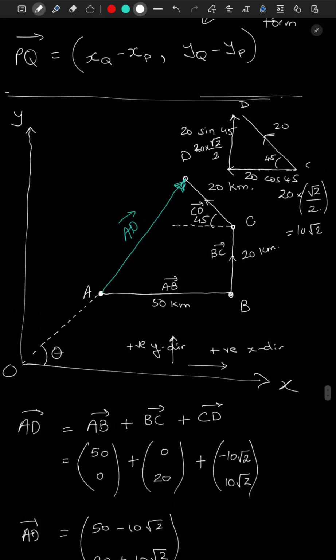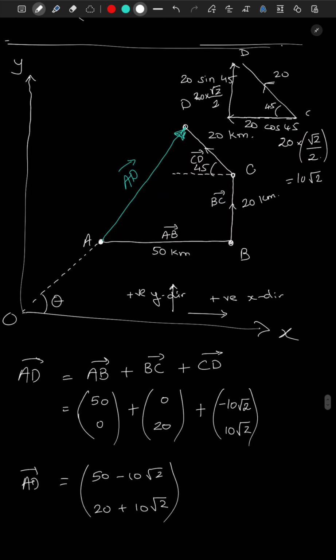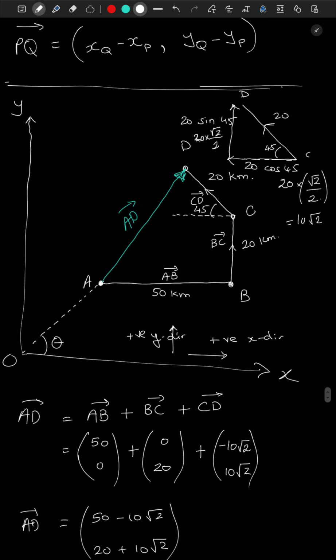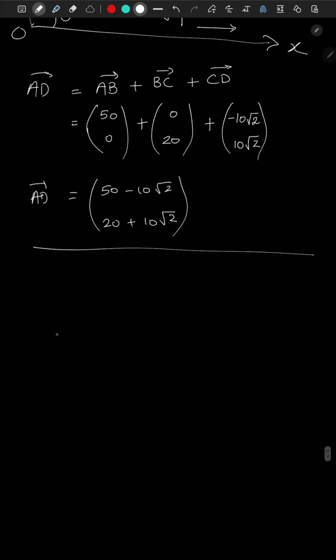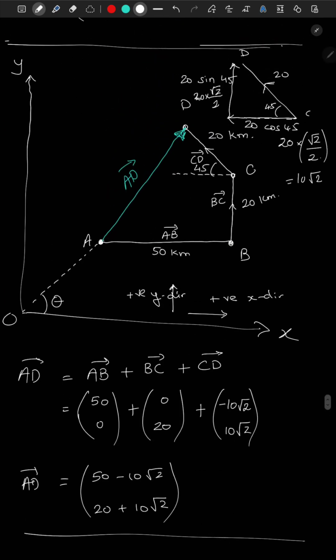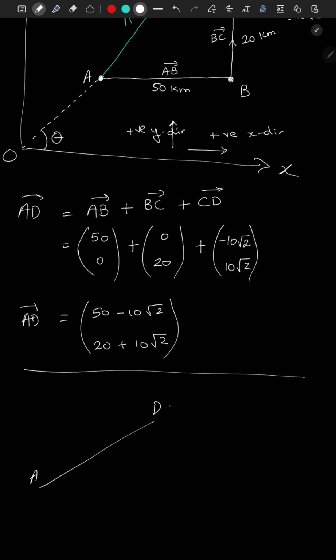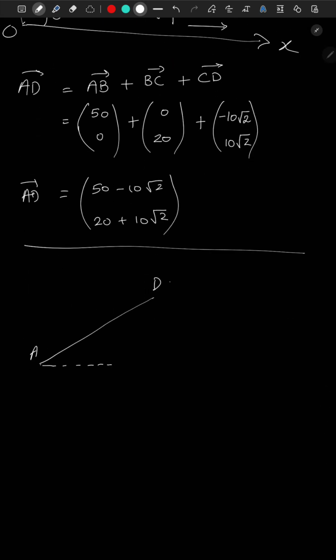So now suppose we want to find the angle theta. Here, this is A and this is D. So we know that AD has in the x direction 50 minus 10 root of 2, and in the y direction 20 plus 10 root of 2, and we want to find the angle, let's call it alpha.